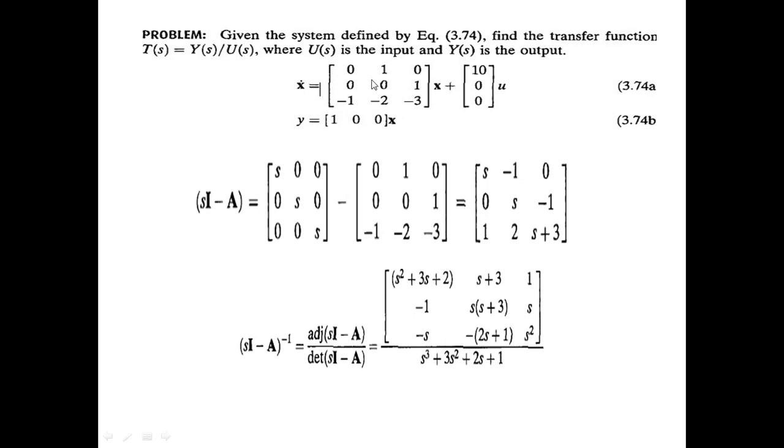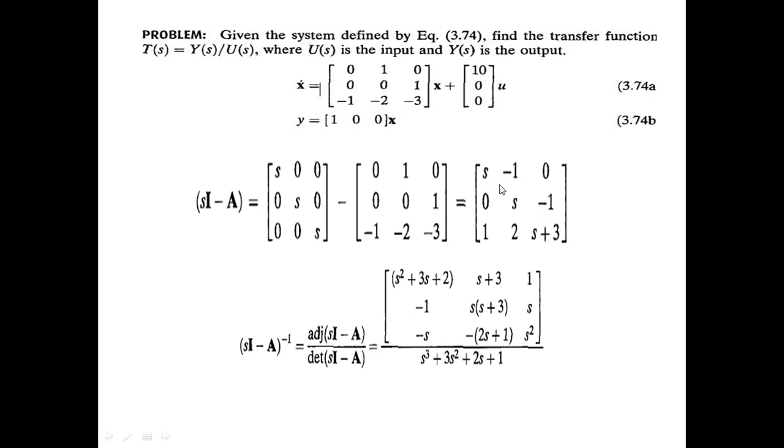Write it here and perform element by element subtraction: s minus 0 is s, 0 minus 1 gives minus 1, 0 minus 0 gives 0. In the second row, 0 minus 0 is 0, s minus 0 is s, 0 minus 1 gives minus 1. In the third row, 0 minus minus 1 gives plus 1, 0 minus minus 2 gives plus 2, and s minus minus 3 gives s plus 3. So this is the sI minus A matrix.